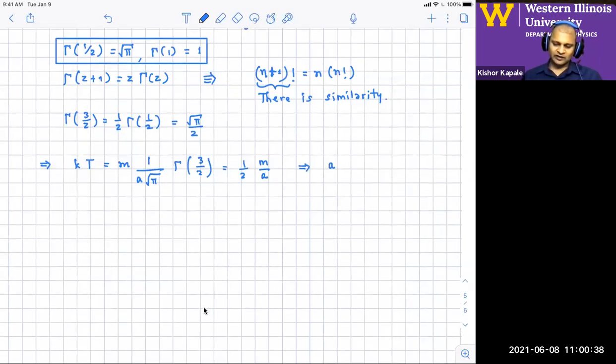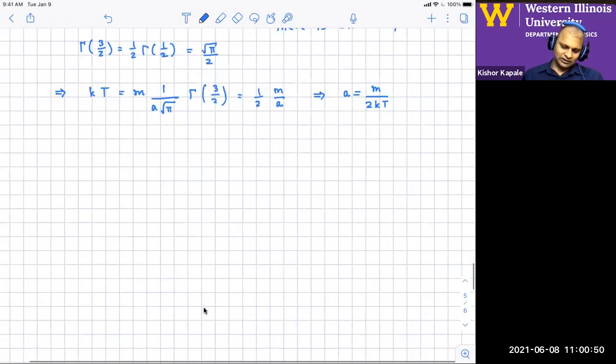This implies what a would be. Remember, we assumed a certain form for the distribution, and we determined the normalization coefficient, but we had to determine a. And so it turns out to be m over 2kT. And that means the velocity distribution of vi is going to be square root of a over pi, which is the normalization constant, times exponent of minus a vi squared.